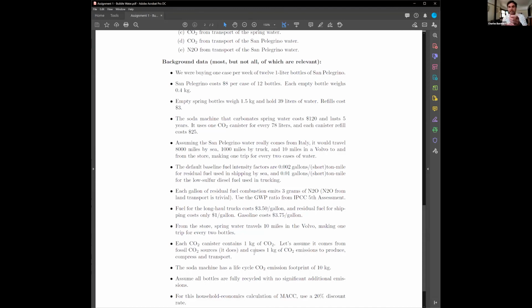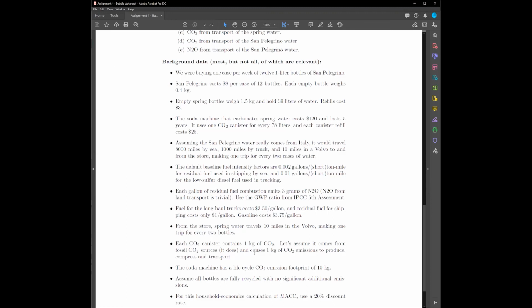This is the embodied CO2 of the CO2. So when you go to the store to recharge your canister, they have a big canister that they charge your canister with, and that's what you have. It's the CO2 in that canister that has an embodied kilogram of CO2.